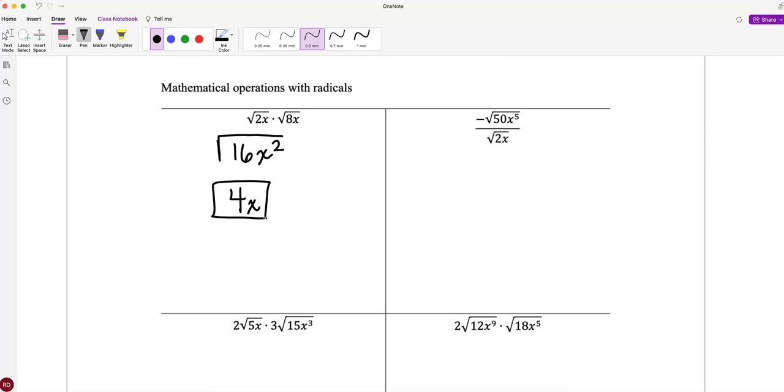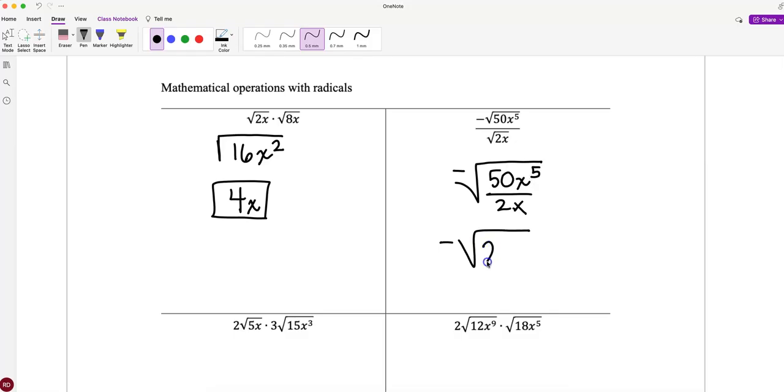Negative square root of 50 x to the 5th over 2x. I can combine all of this into one radical: 50 x to the 5th over 2x. So this is negative square root, sorry, I wrote that wrong, x to the 5th.